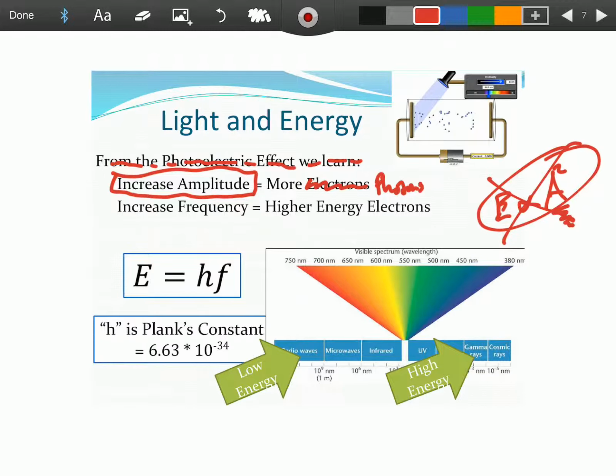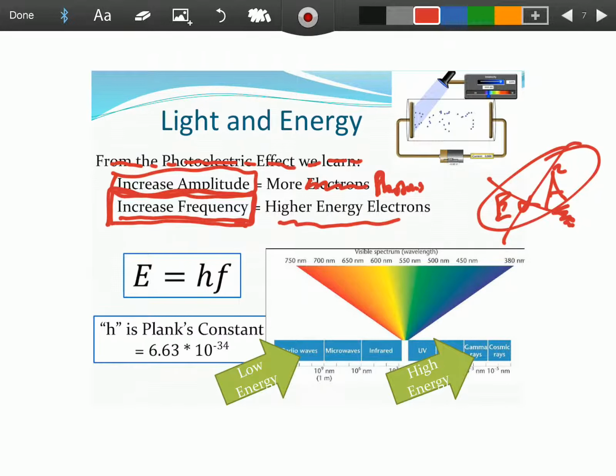But really bright light just means that there are a lot of photons coming in. If you want to know how much energy is being carried in the light, that has to do with frequency. Okay? The higher the frequency, the higher the energy carried by the photons.